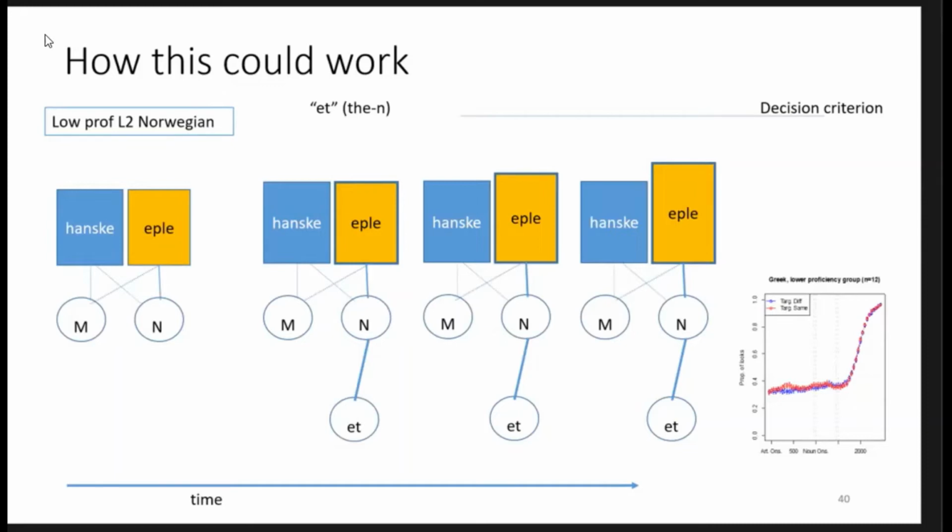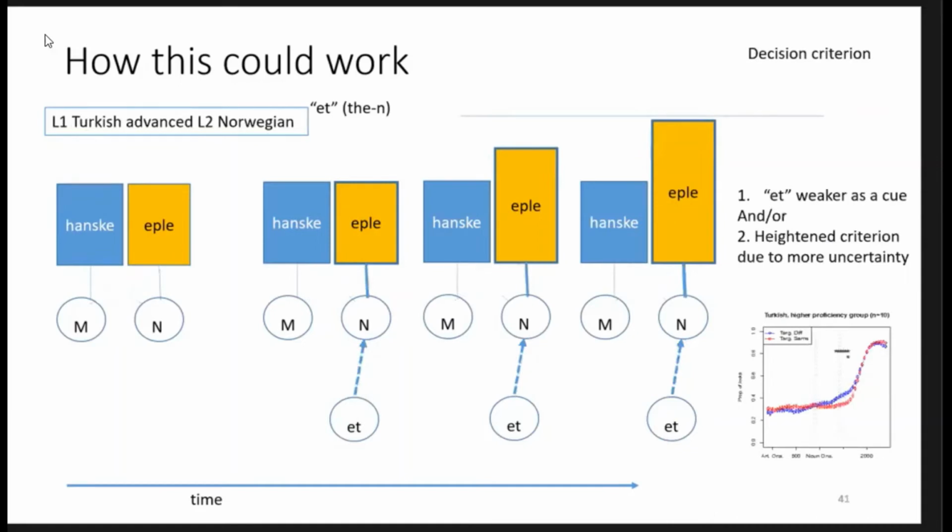So what about these Turkish advanced Norwegian speakers? Those were the ones who were really good offline, but could not use the gender information predictively. The fact that they're really good offline suggests that their lexical representations are kind of stable, maybe not as good as with an L1 speaker, but they're there.